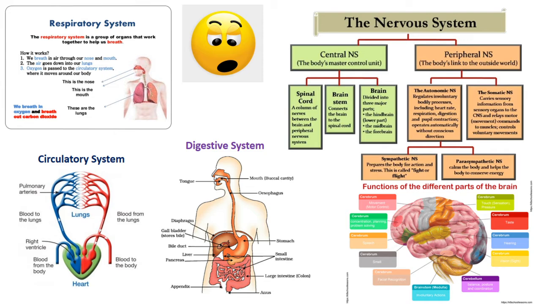The circulatory system, or blood, takes this oxygen from the lungs and circulates it to all the parts as well as muscles, and from the muscles it removes the waste product carbon dioxide to the lungs, and from the lungs it is expelled. That is the circulatory system. So this blood helps to circulate oxygen as well as nutrients to all the parts as well as muscles.